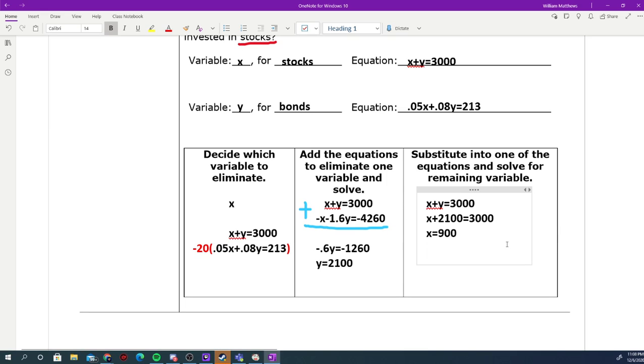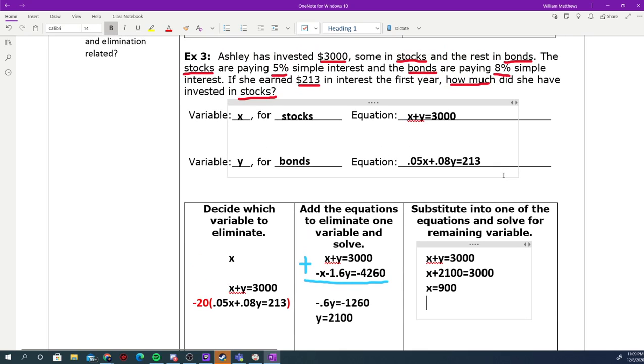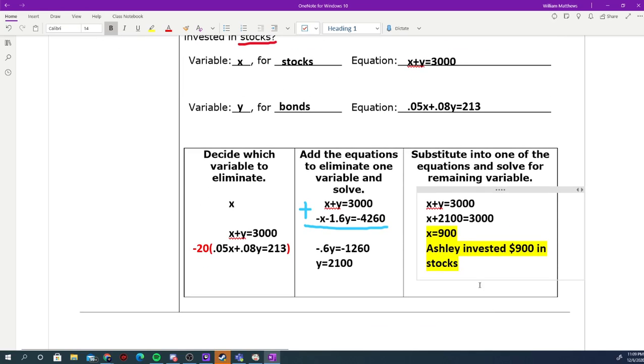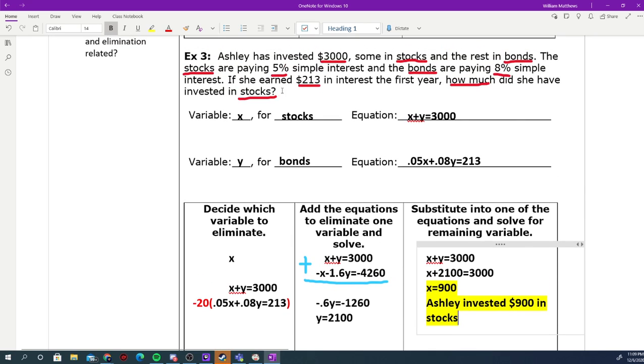So in this case, Ashley invested $900 in stocks. So this is understanding which variable I use for stocks and understanding that I am looking for stocks.